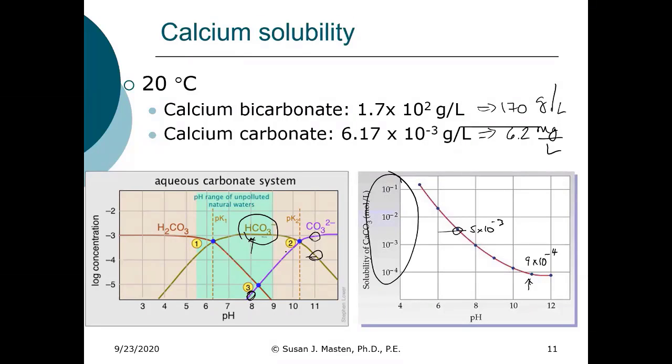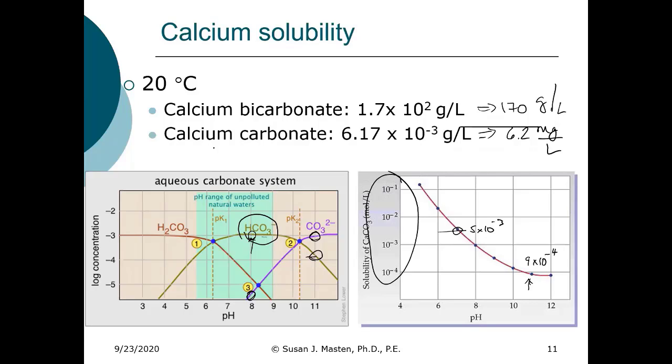But if we raise the pH to 11, then we have a concentration of around 10 to the minus 3. On the other hand here, if we start at pH 8, we're at about 10 to the minus 3, the log of the concentration, and we lower it to about 10 to the minus 4. So we get about 1 log, or 1 order of magnitude, decrease.